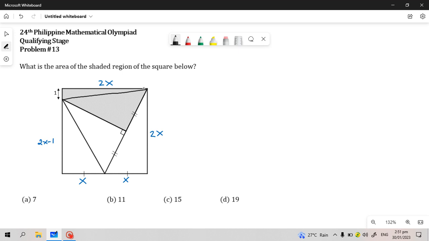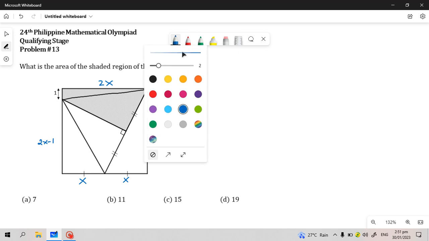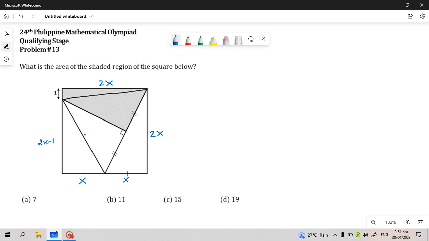By SAS congruence theorem, these two right triangles are actually congruent. So I can just label this part here with c, this one also c. And then I label the height of the whole triangle, the bigger triangle, by h, the altitude by h.